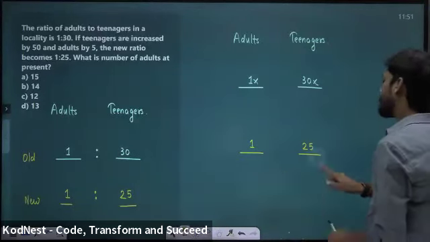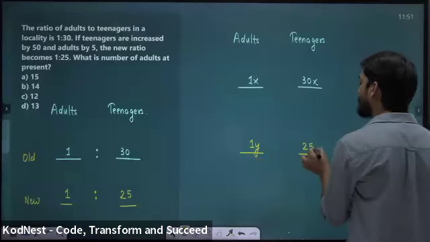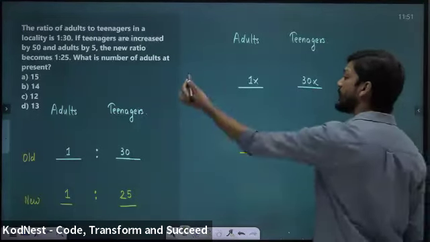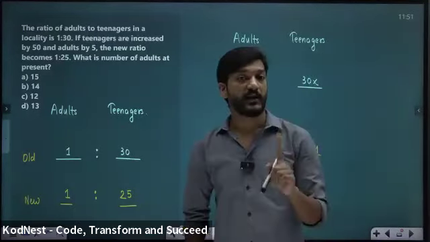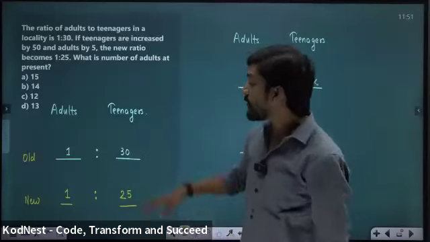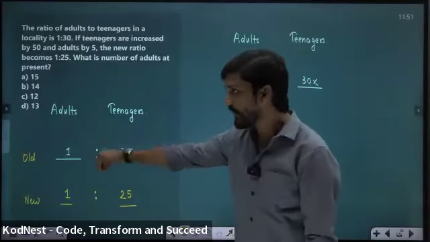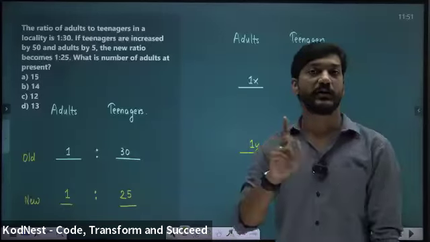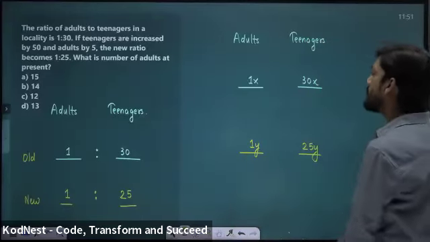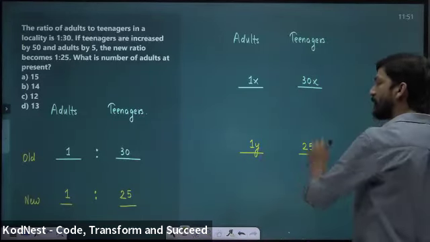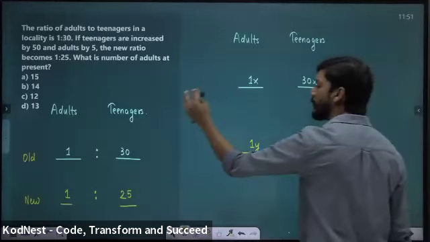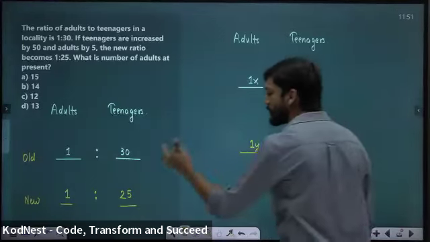For two ratios, you will have to take two variables because there is no condition. First, there is no condition, so you cannot modify the ratio or directly solve by multiplication. Second, even if you take a variable, you take one variable for one ratio and a second variable for the second ratio.